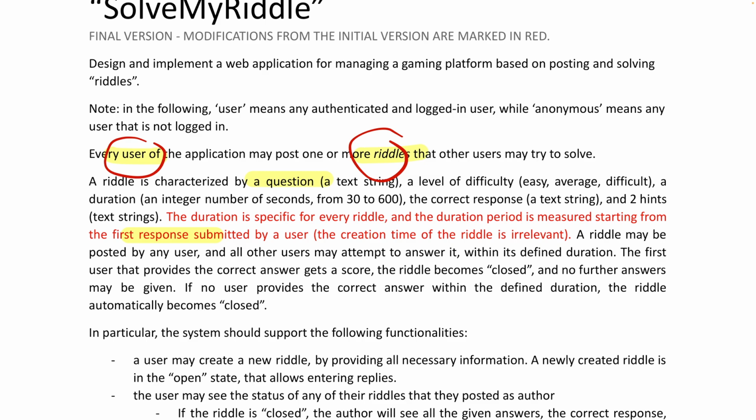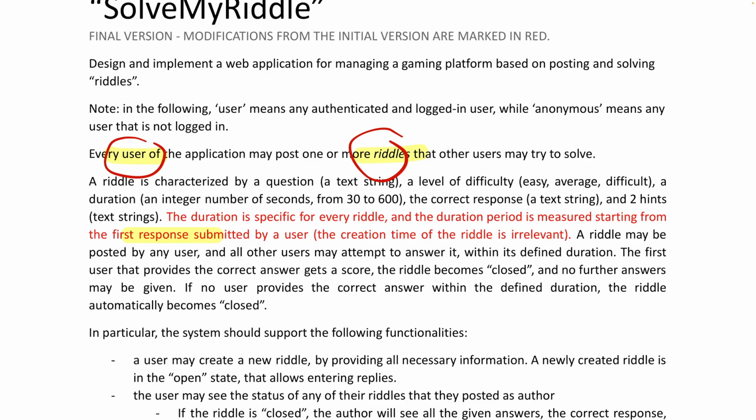We can say that a riddle has a question. So it is not an entity itself, but information that belongs to the riddle. It is a property of the riddle instead of something apart from it, so it has no sense as a separate entity.